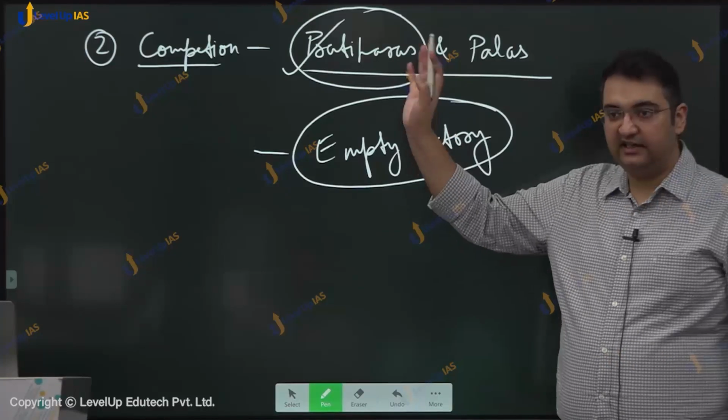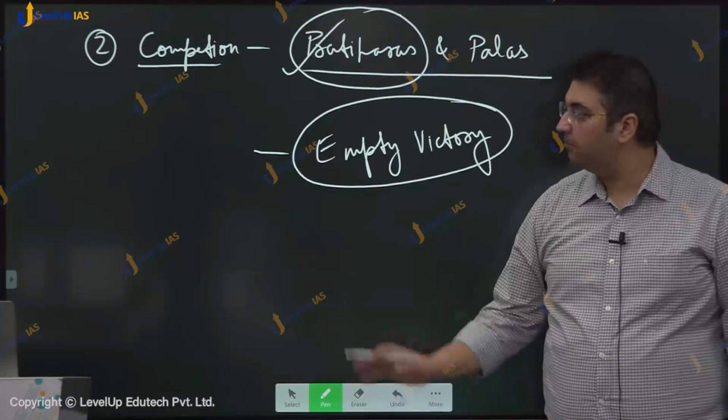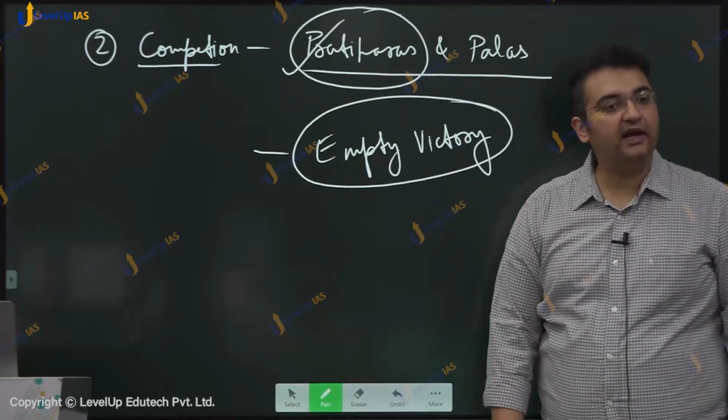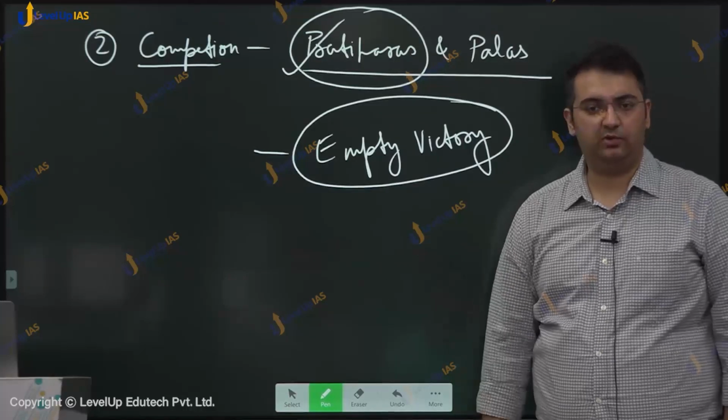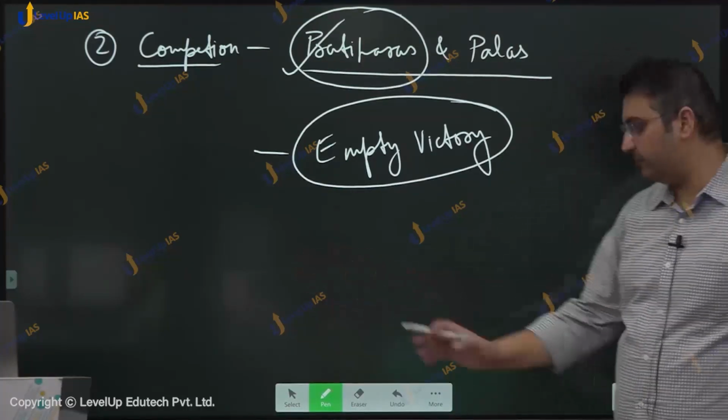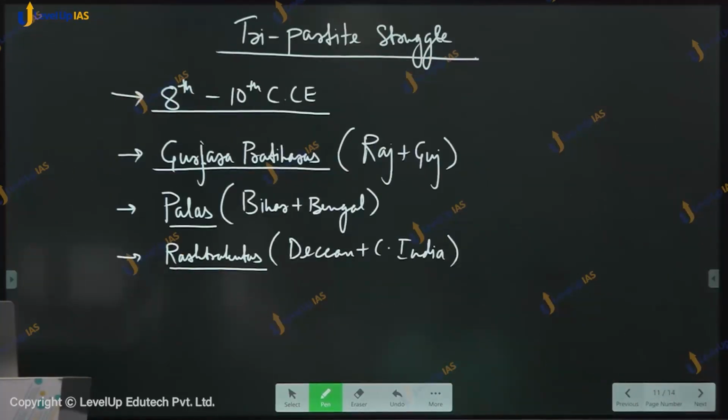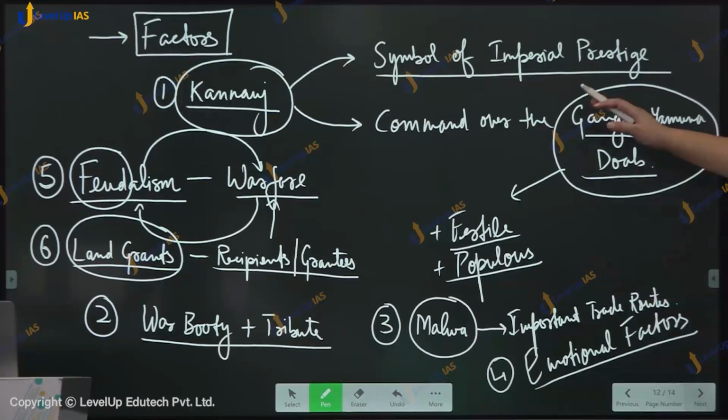Ultimately they emerged as victorious, but their victory proved to be an empty victory. कोई फायदा नहीं हुआ इसका. What was their grand objective? कन्नौज पे अपना रूल एस्टैब्लिश करना है, so that they can enjoy legitimacy as a major all India empire.